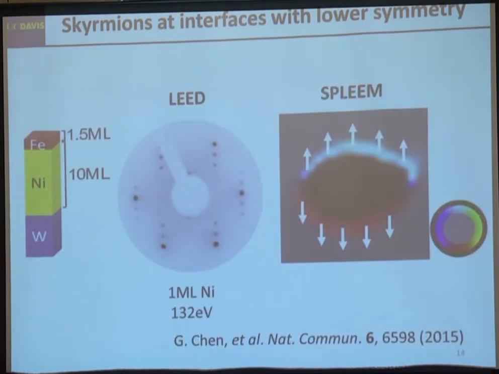So this is very similar to the sketch here. So this might be some type of skyrmion that's in the presence of this low symmetry interface.